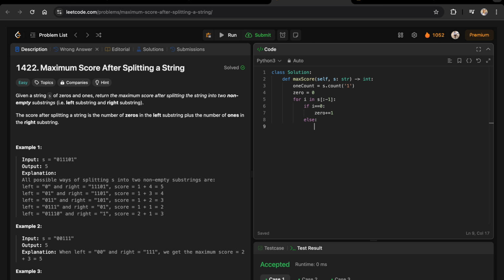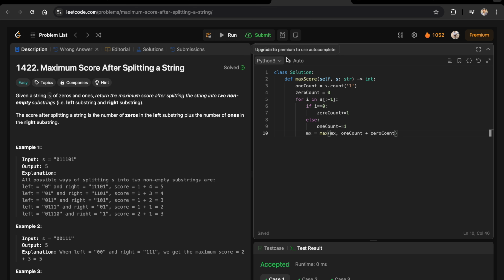Else, we got a one. We increase the zero count, and the one count is decremented by 1, and we will have a max, which will be the one count plus the zero count.